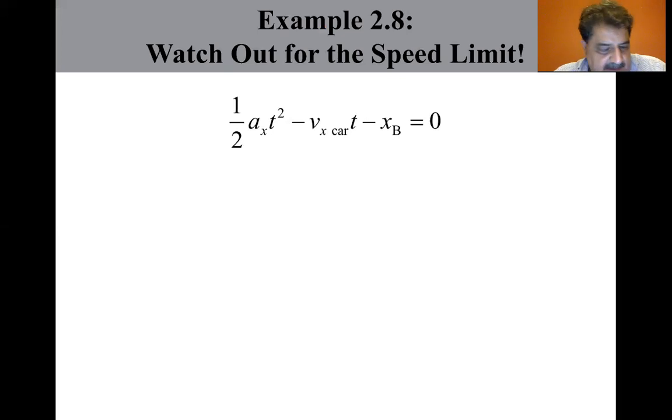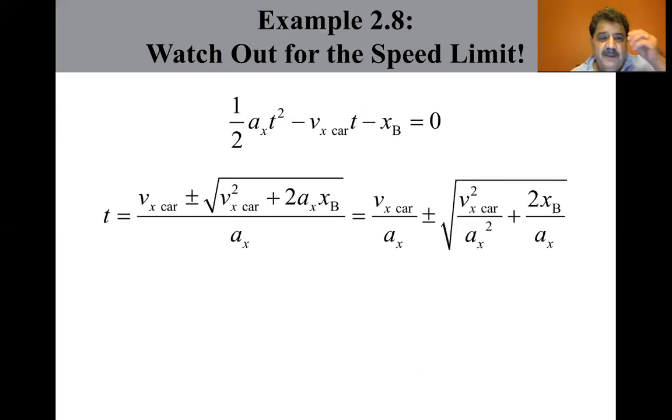Rearrange to give a quadratic equation and solve it for the time. So 1/2 ax t squared minus vx car times t minus xb equals 0. That's our quadratic equation.